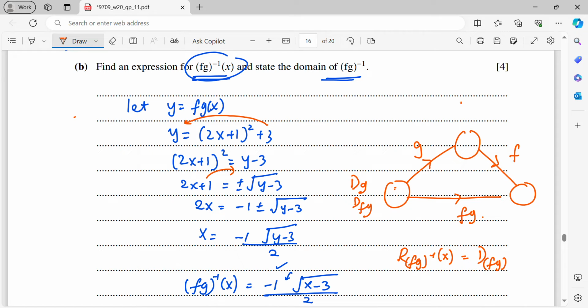This will be range g, and then it's also domain f. And then lastly, this is range f and also range fg. So now by looking at this, range of fg inverse equals domain of fg. So now your domain fg is same as domain g.